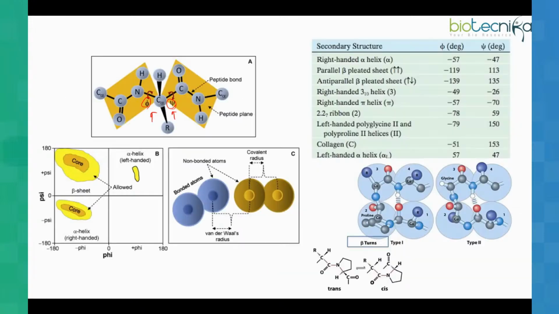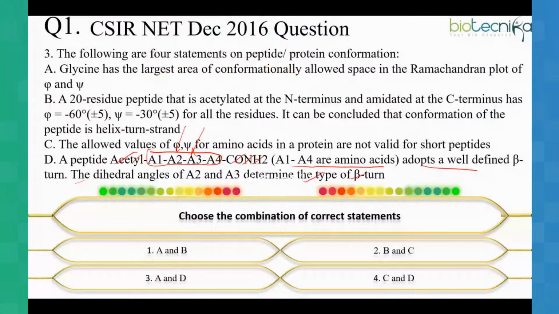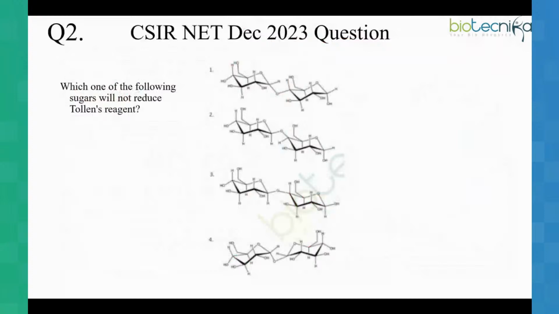If you see a beta turn, their types are generally based on the dihedral angles only, and especially type 1 and type 2 are based on the dihedral angles of the second and the third amino acid, because their orientation is what is different in the two types of turns. So the correct answer over here is A and D. Option third is the right answer. Hope you got that, Satyam, and all others.